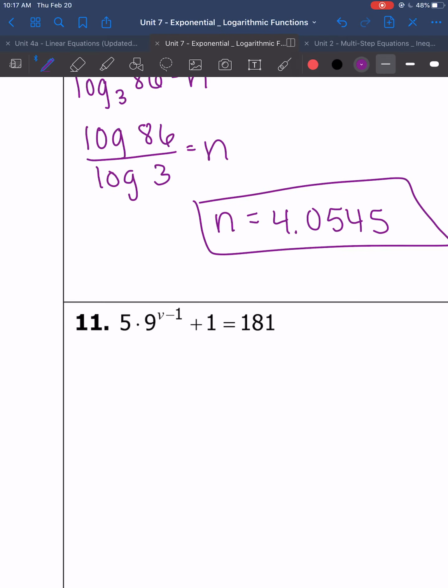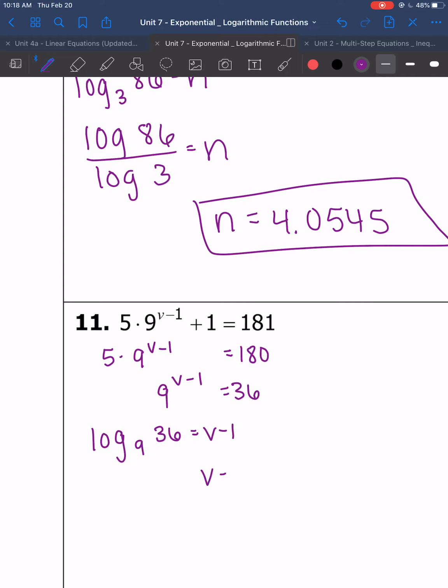Number 11, let's subtract 1, so I get 180 equals 5 times 9 to the v minus 1, and then 180 divided by 5 is 36. 9 to the v minus 1 equals 36, so then I have log base 9 of 36 equals v minus 1.